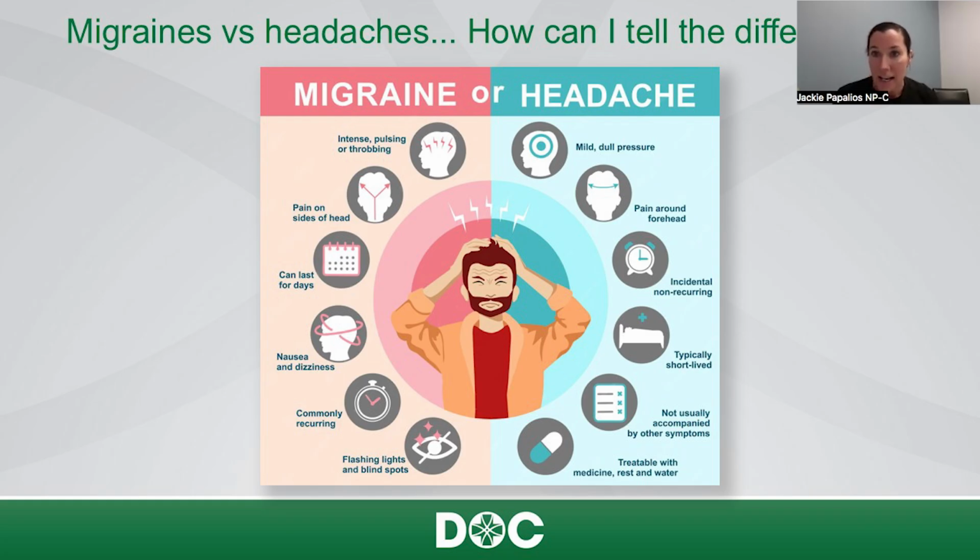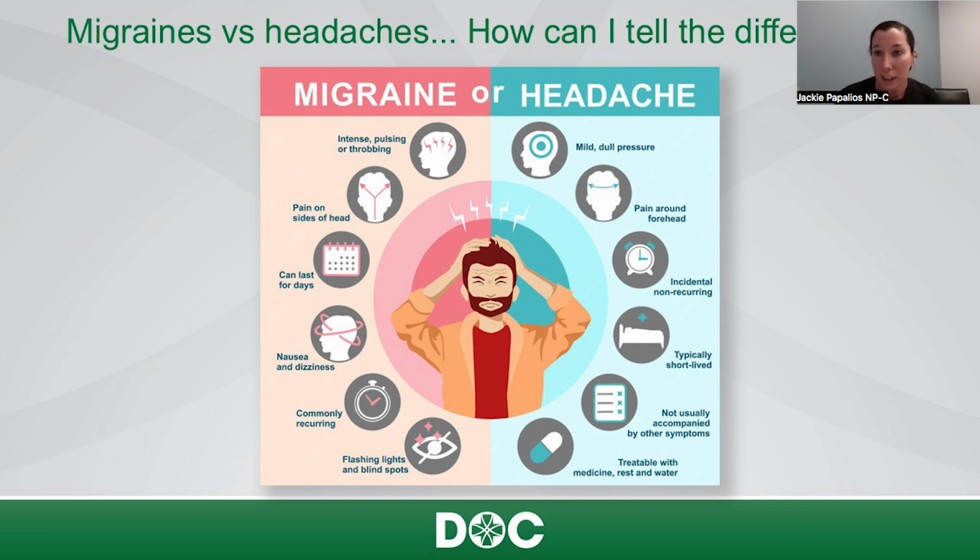Migraines, on the other hand, are typically more severe and debilitating. They present as more of an intense, pulsing, throbbing sensation. It is usually on one side of the head, but can affect both. They can last for days. I do have another slide about different phases of a migraine, so we'll talk about that here in just a minute.